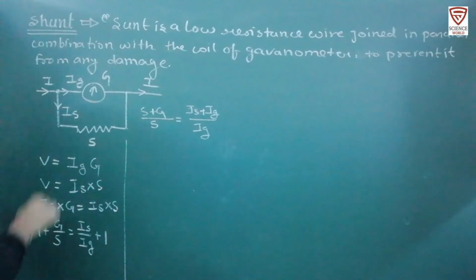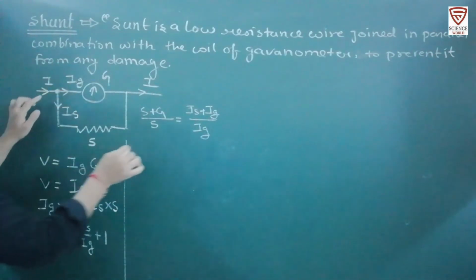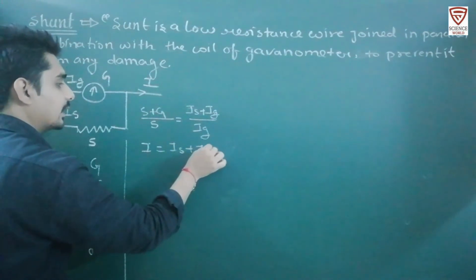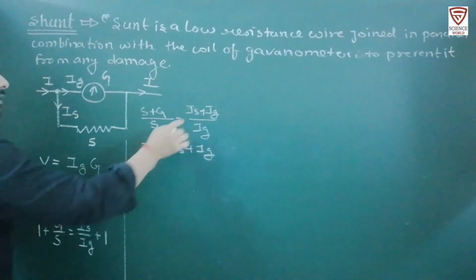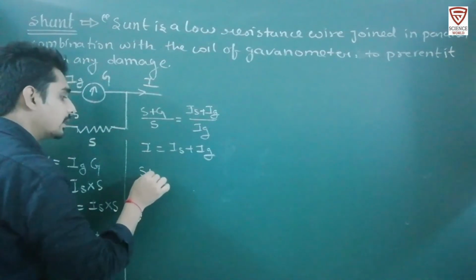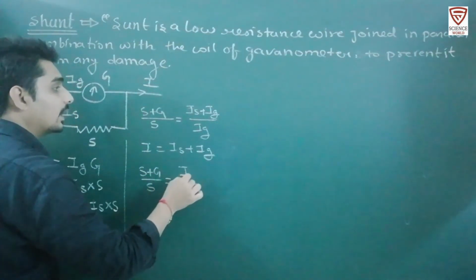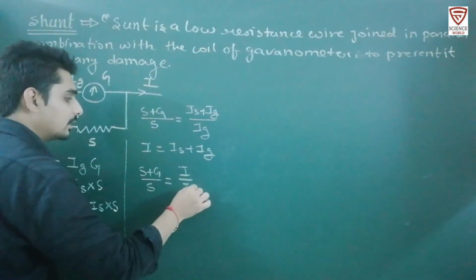But we can clearly see at that junction that I is equals to Is plus Ig. So we can put here S plus G upon S is equals to I upon Ig.